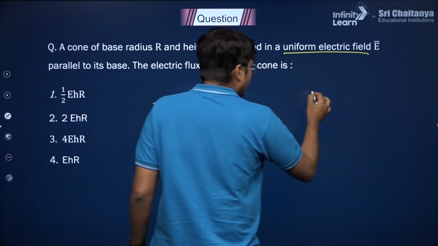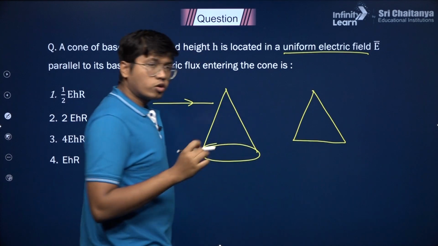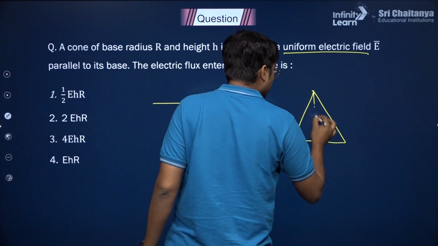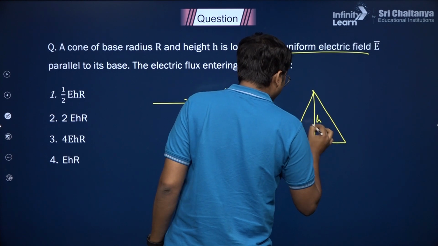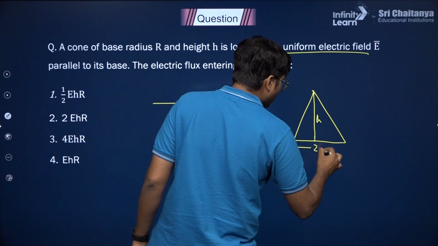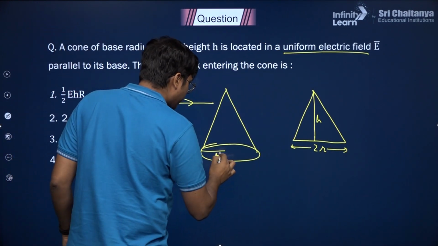Then this cone is effectively going to look like a triangle with a height given by the height of the cone, h, and if the radius of the cone is r, then the base of the cone is just 2r. Okay, it's given as capital R, so let's keep it consistent.